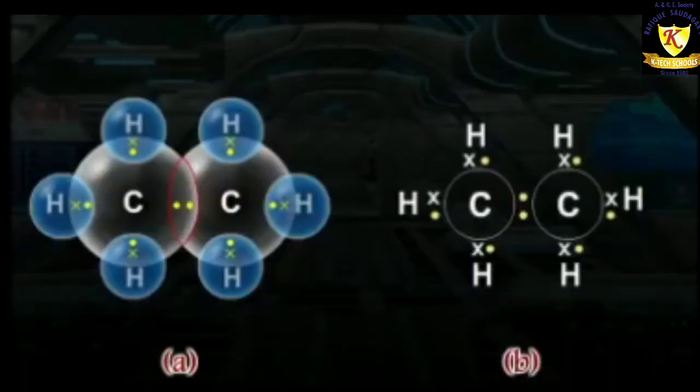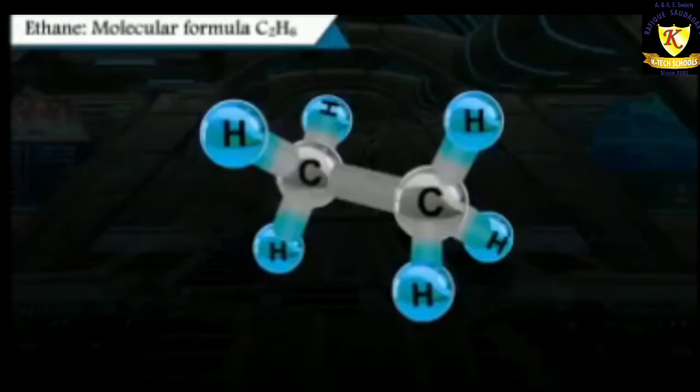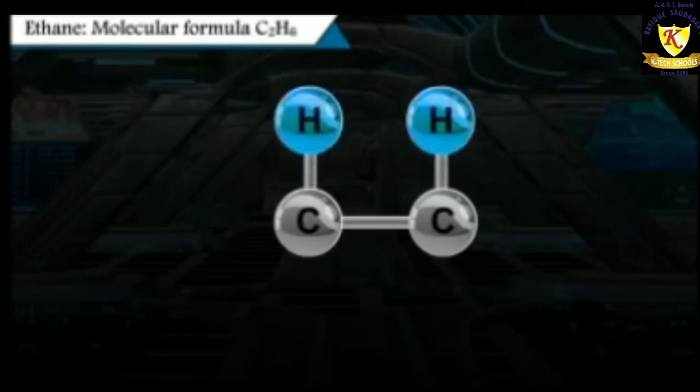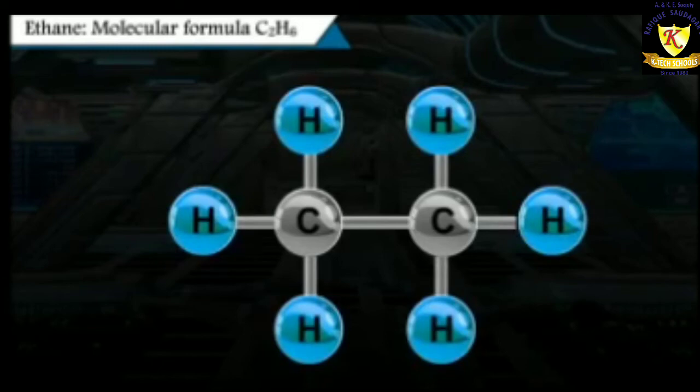The figure shows electron dot structure using two methods. Ethane, molecular formula C2H6. Step 1. Join the two carbon atoms with a single bond, C bond C. Second, use the 6 hydrogen atoms in the molecular formula for fulfilling the tetravalency of both the carbon atoms. Got it?